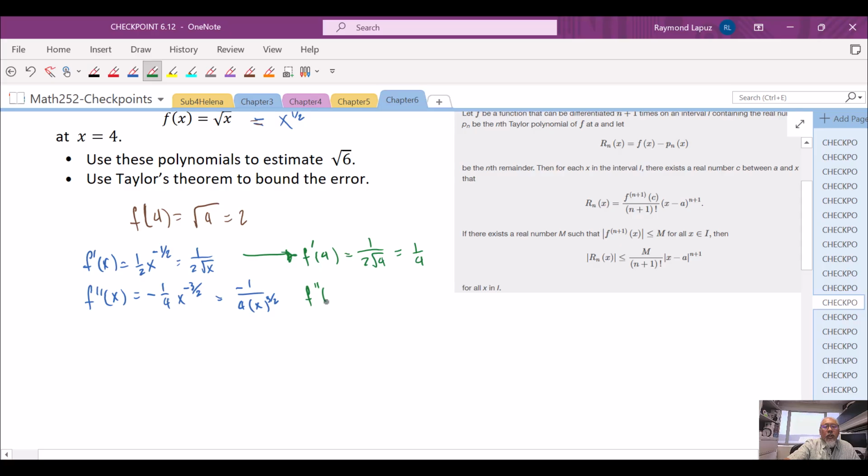F double prime of 4 will be equal to negative 1 over 4 times 4 to the 3/2 power. 4 to the 1/2 is 2. 2 times 2 times 2 is 8. 8 times 4 is 32. So negative 1 over 32.